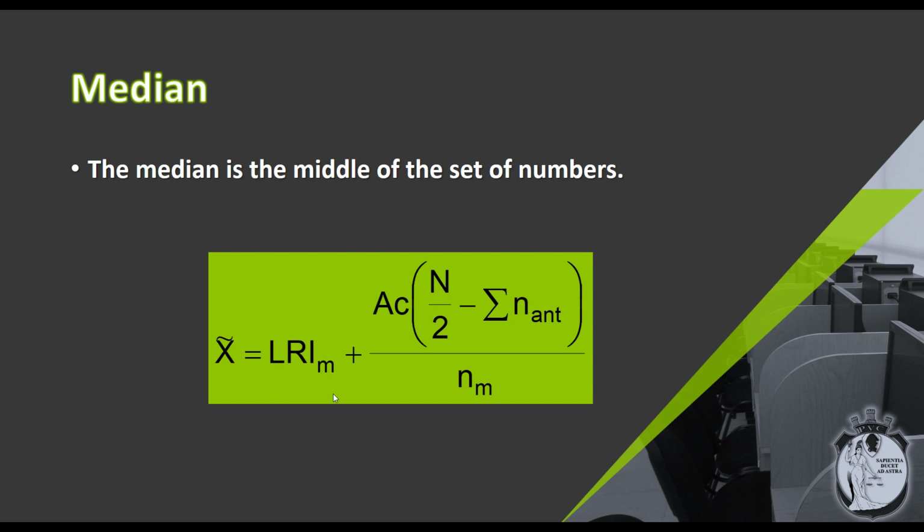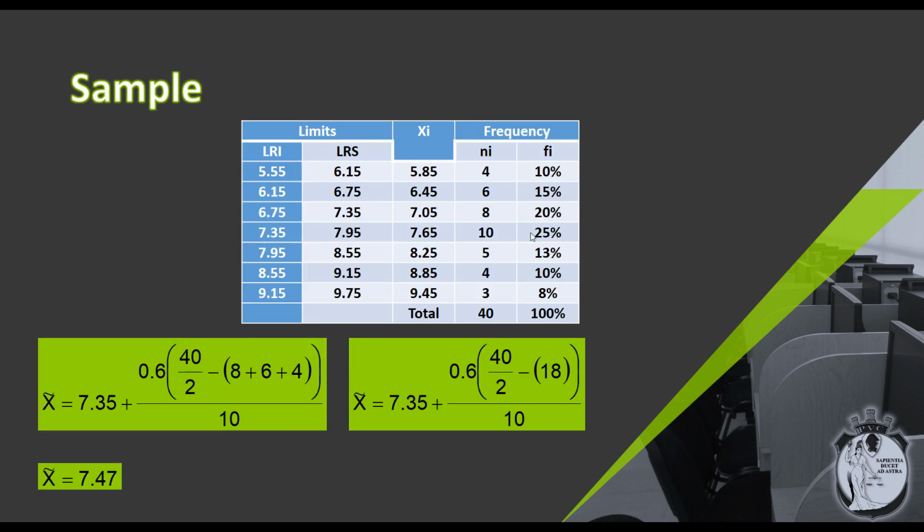Here I will choose the fourth lower real limit, so you choose 7.35, plus the class width. If you don't have the class width, you can calculate it by subtracting between two rows. Then you have the class width.